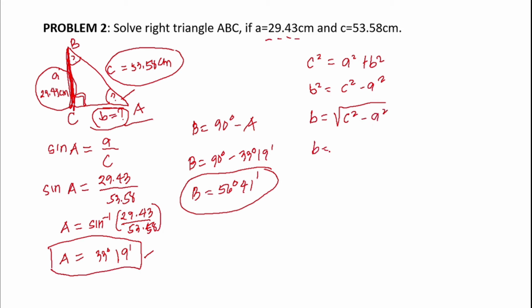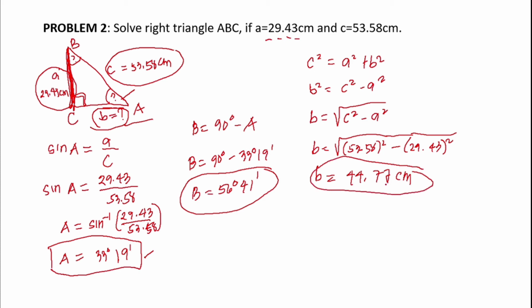So B is equal to, we are going to substitute the values, the square root of 53.58 squared minus 29.43 squared. To solve for this part, the result is 44.77 cm.